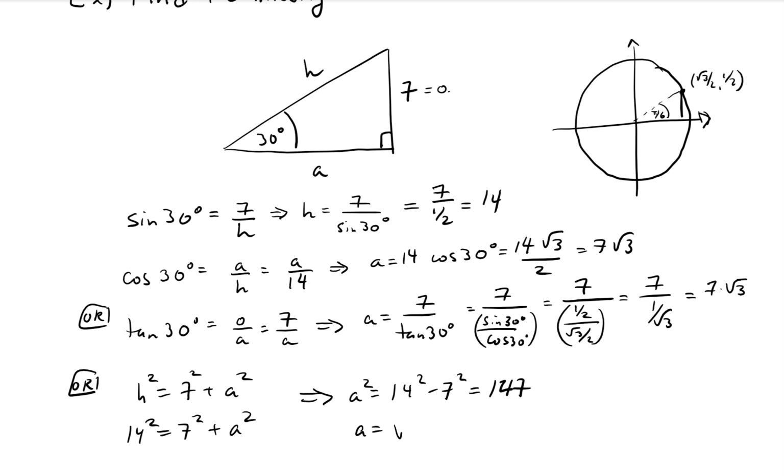So A would be the square root of 147, and 147 turns out to be 3 times 49. So you can pull a 7 out of the square root, since 49 is 7 squared, so that's 7 root 3 again. All these are possible solutions for getting the other side. So you choose one of them eventually.